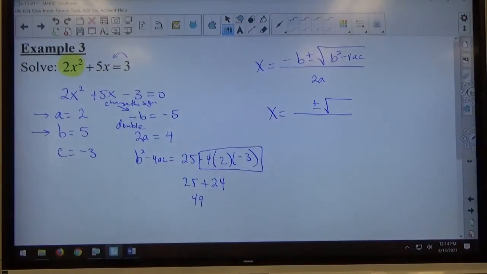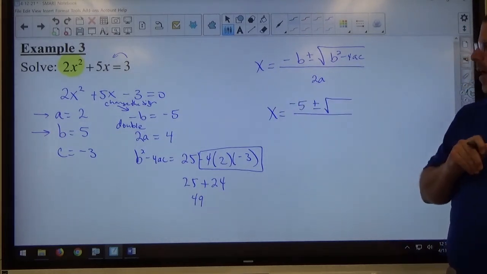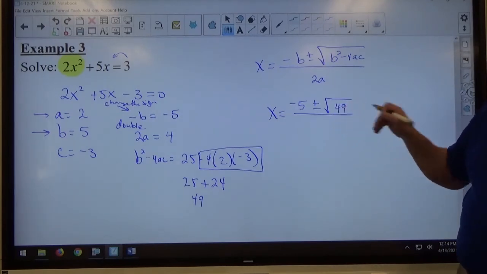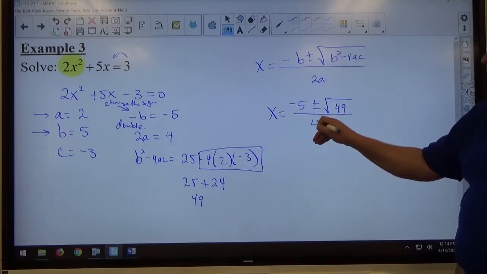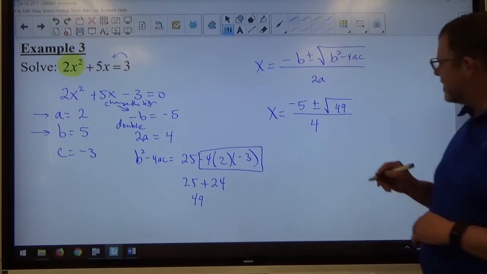So we evaluate the 3 pieces of the quadratic formula, then we substitute those pieces in the positions where they belong. So, minus b belongs in front of the plus or minus sign, negative 5. B squared minus 4ac belongs inside the radical, that's 49. 2a belongs in the denominator, that's 4. What is the square root of 49? 7.